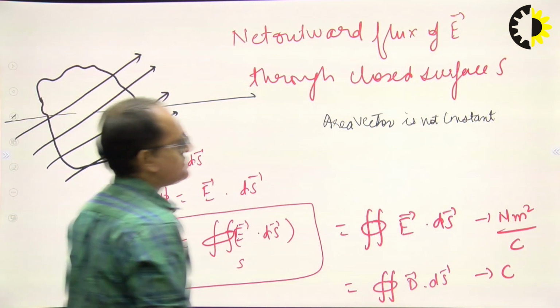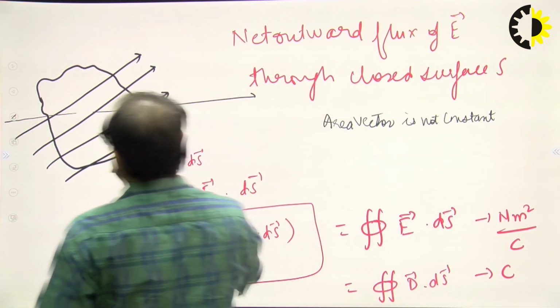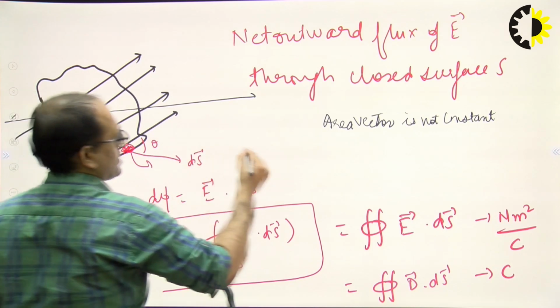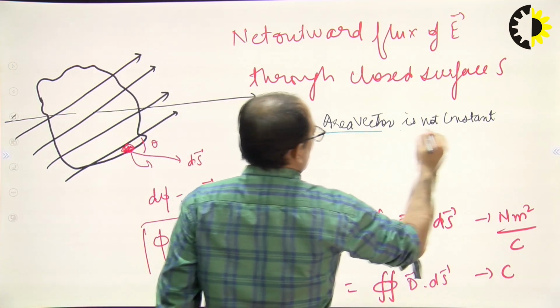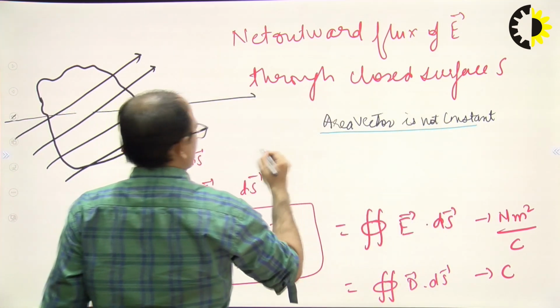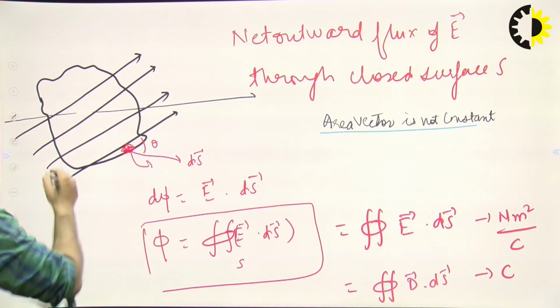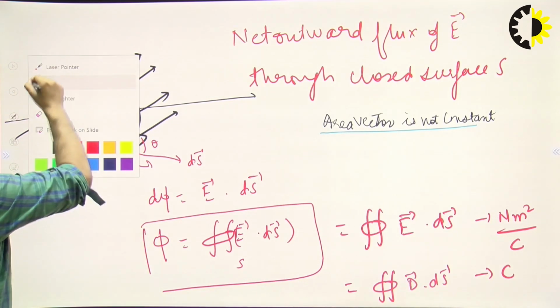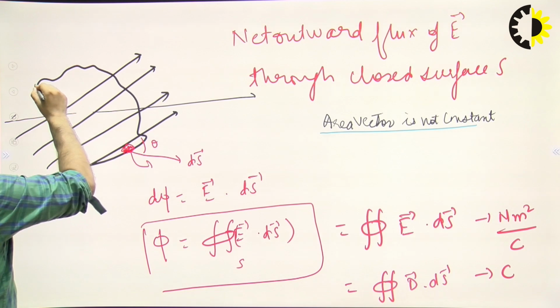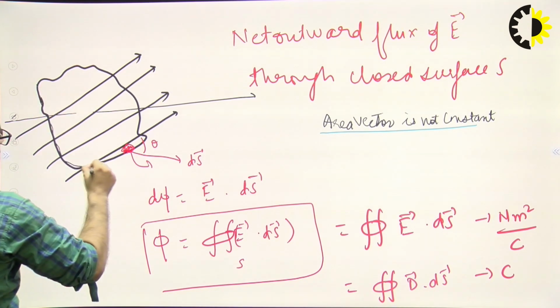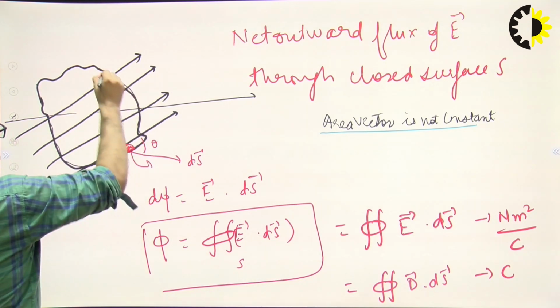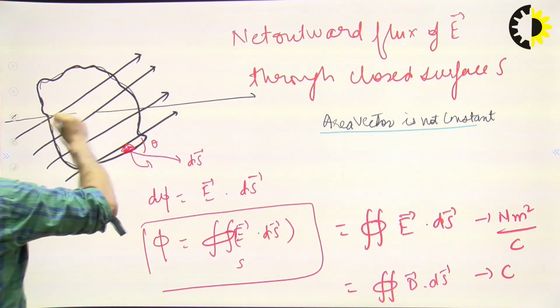Now case number 3: if the area vector is not constant, let's say this is a surface, and fields are passing through like this.